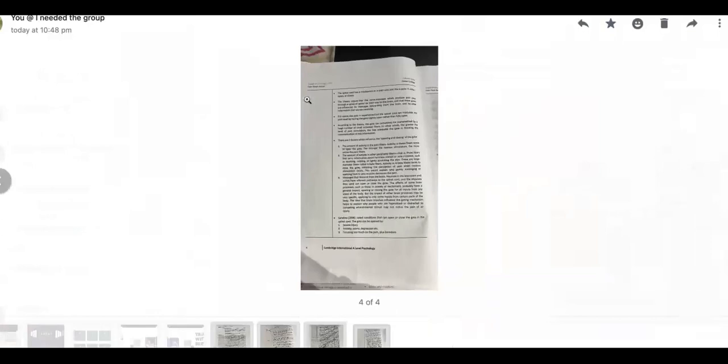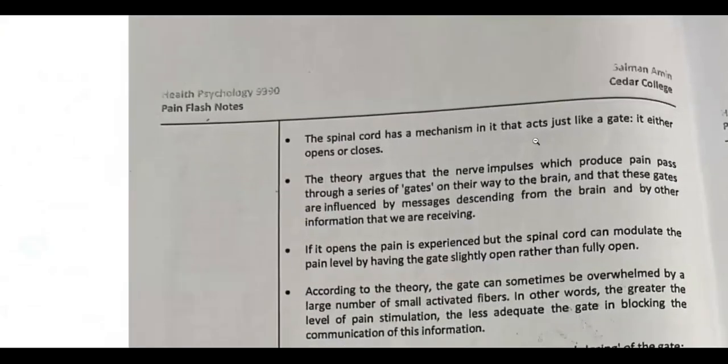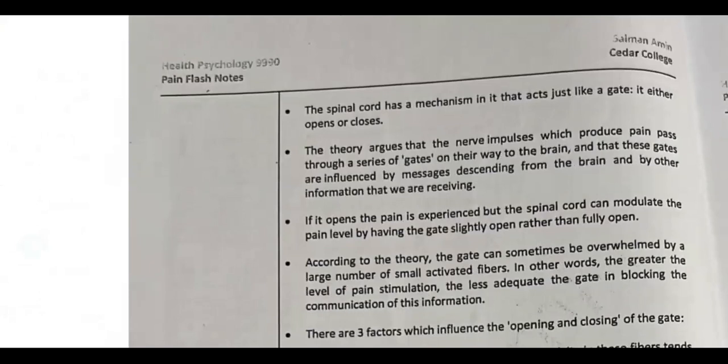So pain is detected and picked up by sensory signals, but the spinal cord plays a key role in the experience of actual pain. Now that's the one idea that gate control is presenting. The spinal cord has a mechanism that acts like a gate. It either opens or closes. The theory suggests that nerve impulses which produce pain pass through a series of gates on their way up to the brain.